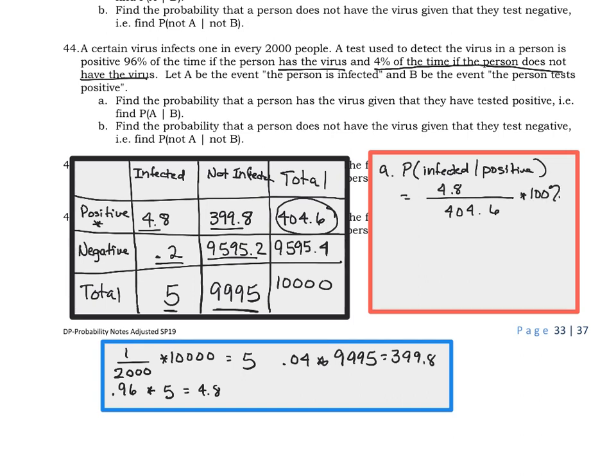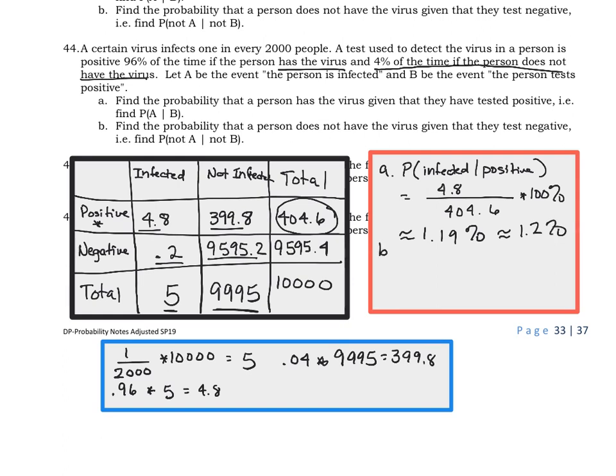So we'll multiply that by 100%, and we get 1.19%. Okay, let me double check that. Oh, they rounded to the nearest 10th place, so we'll go ahead and say that that's 1 2/10.